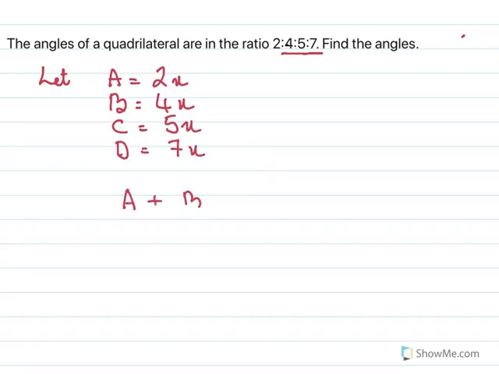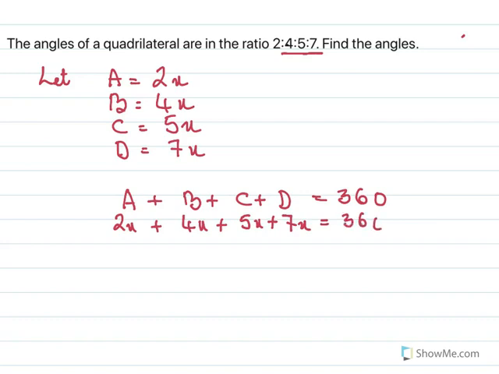We know A plus B plus C plus D is 360. So 2x plus 4x plus 5x plus 7x is 360. So we have 18x equal to 360. Your x is 360 over 18.